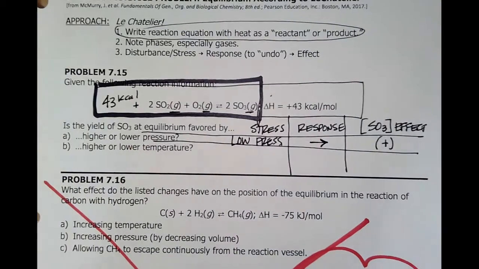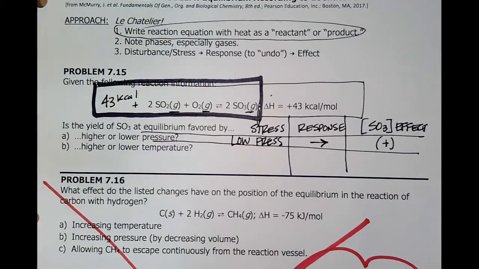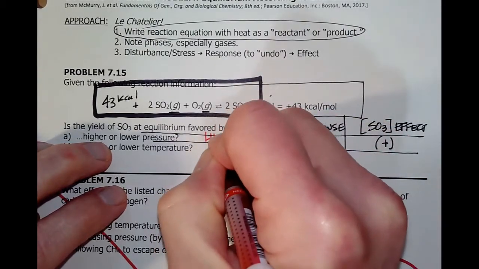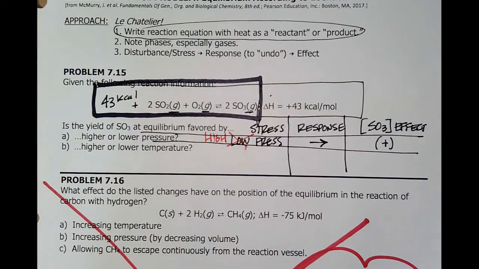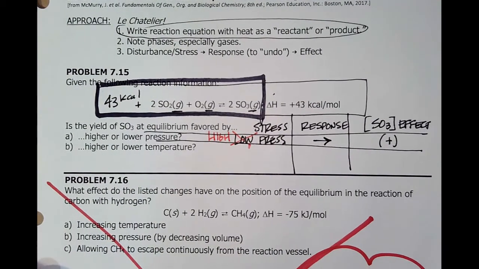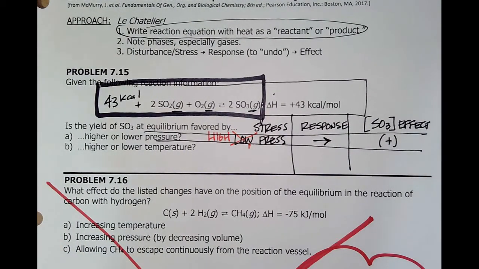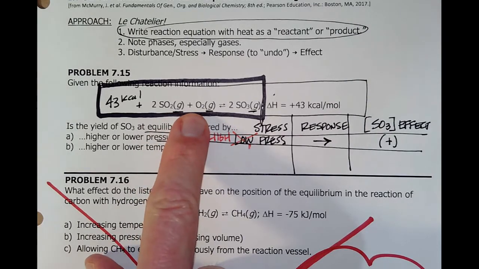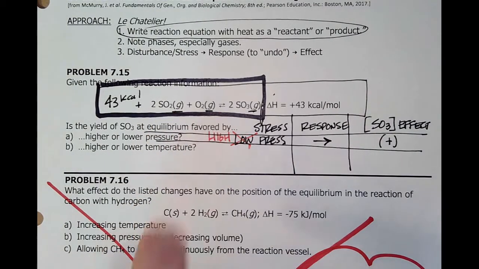If I lower the pressure, LeChatelier will constantly be trying to bring the pressure up. Sorry. High pressure. If I subject this equilibrium to high pressure, he'll constantly be trying to lower the pressure. So LeChatelier will constantly be trying to take these 3 moles of gas and reduce them down to 2 moles of gas.